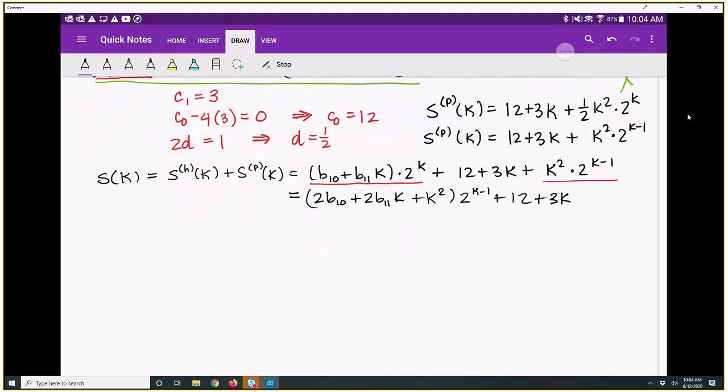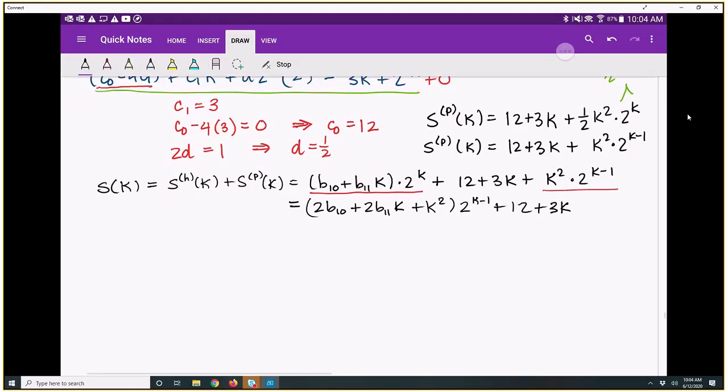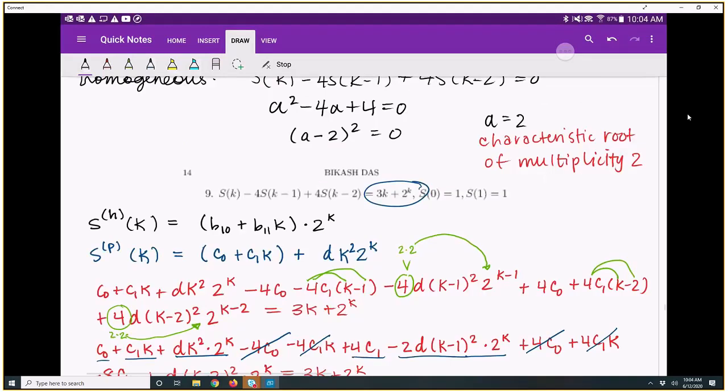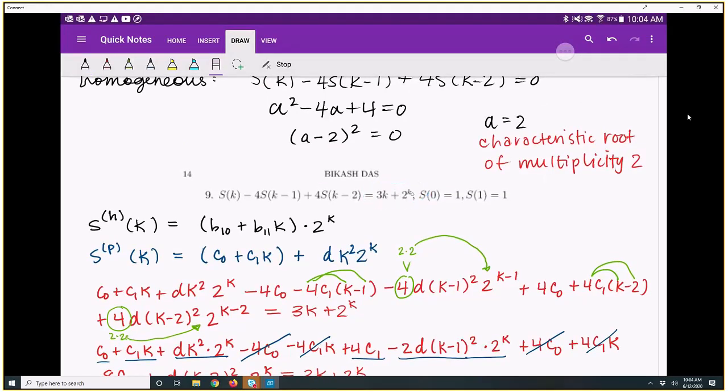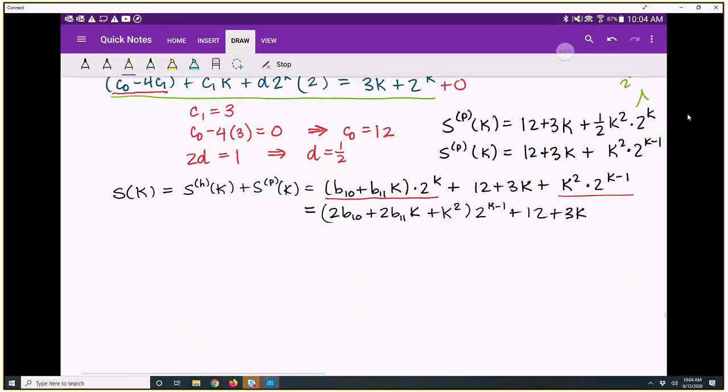All right, now I'm ready to use my initial conditions to solve the recurrence relation. The initial conditions that I had were S of 0 equals 1 and S of 1 equals 1.